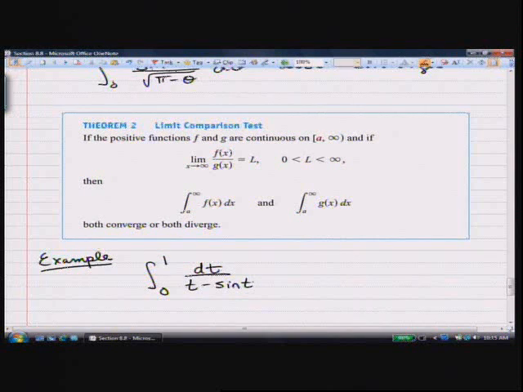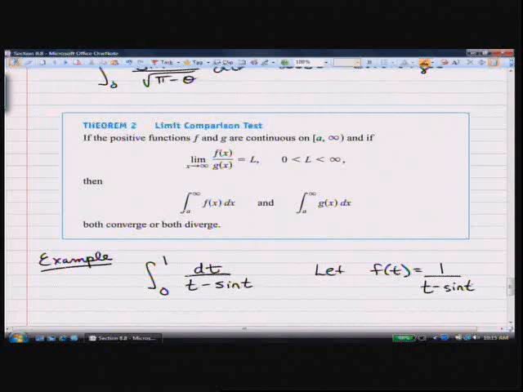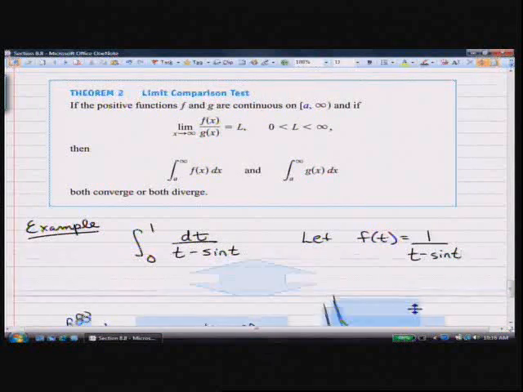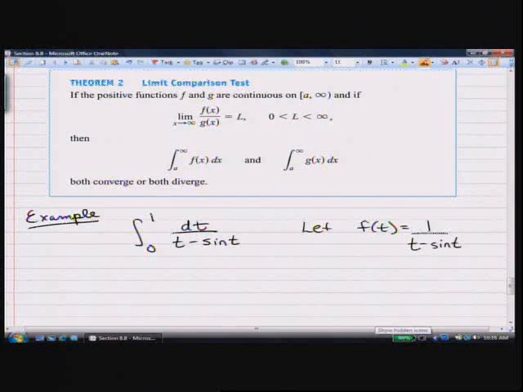Okay, well, if you let f of t equal this function, which is 1 over t minus the sine of t, and then we'll come up with another function, g of t, we're going to call it 1 over t cubed.